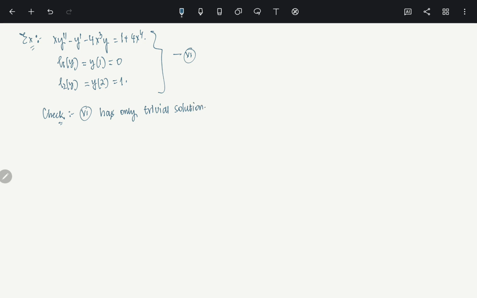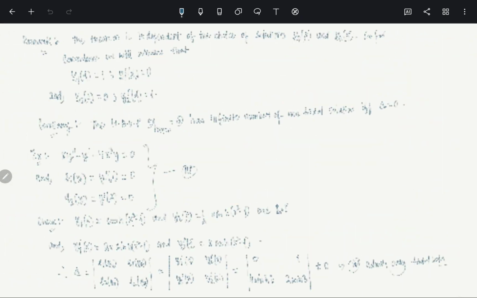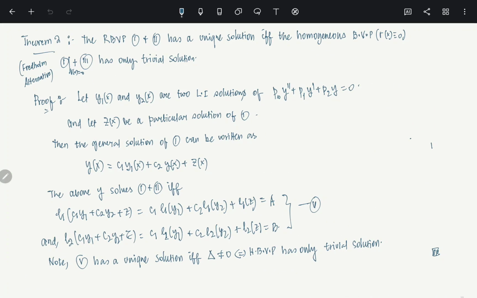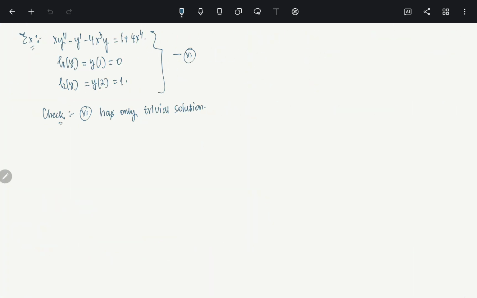You just check what delta is. If delta is not equal to 0, then you have only the trivial solution. It's very easy to check, so please do that part. And how do you find y1 and y2? For this problem we already talked about y1 and y2, so you can use that fact and show that this problem only has the trivial solution.